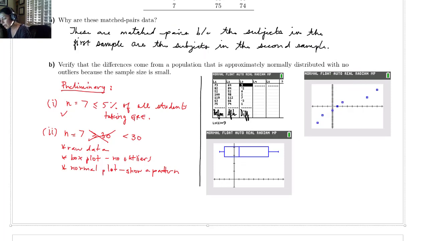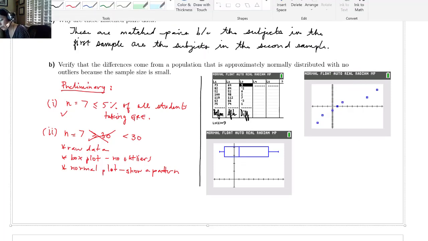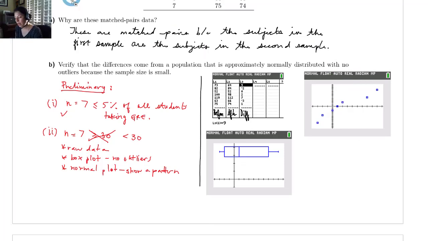Now we have these pictures that we would have used anyway. Because we were given raw data with a sample size less than 30, we can make a box plot and make sure there are no outliers. We did a box plot, and we can see there are no outliers. And here we did a normal probability plot.